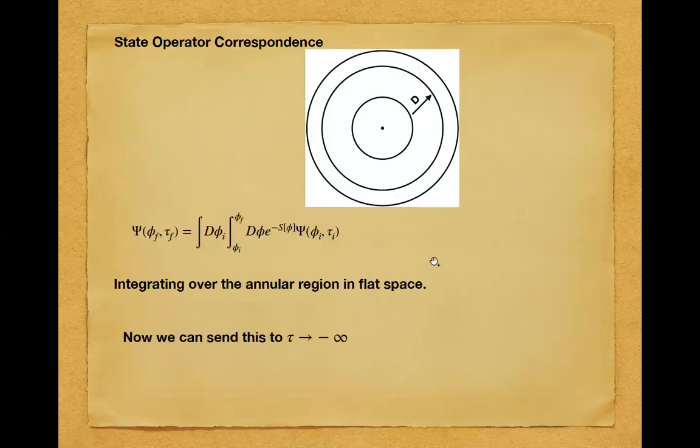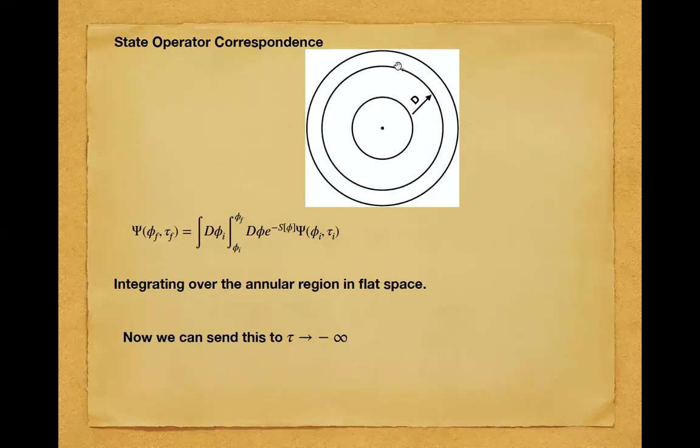Next, we come to the state operator correspondence, and this is related to the question that someone asked towards the beginning. Here, what we are trying to say is the following: suppose you want to write down a wave function for some field configuration on this second sphere, okay? At tau f, there is some field configuration given, which is phi f.